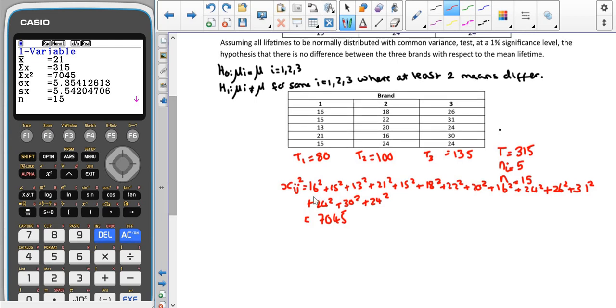So then we're going to find our SST to start off with, which is going to be the sum of the xij's squared, which is this here. So 7,045, minus T squared, which is 315 squared, over n, which is 15.